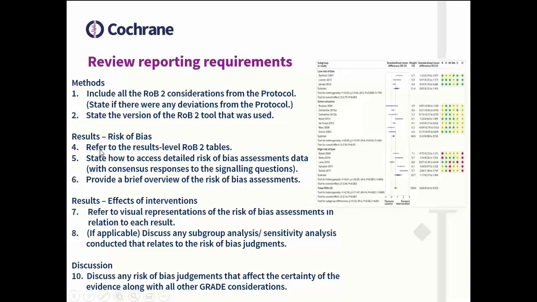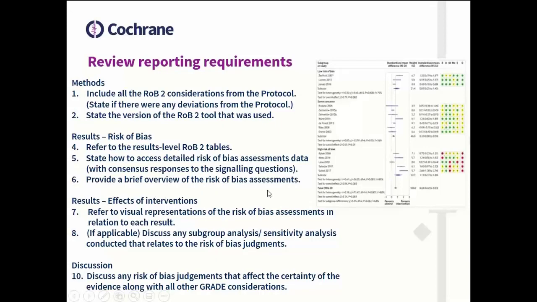In the results section, in the risk of bias section, it's important to refer to the results level tables that I demonstrated at the start of this presentation, and Rebecca will show you where they are and what they look like in RevMan Web, and state how to access the detailed risk of bias assessment data, so the answers to the signalling questions on the online repository.